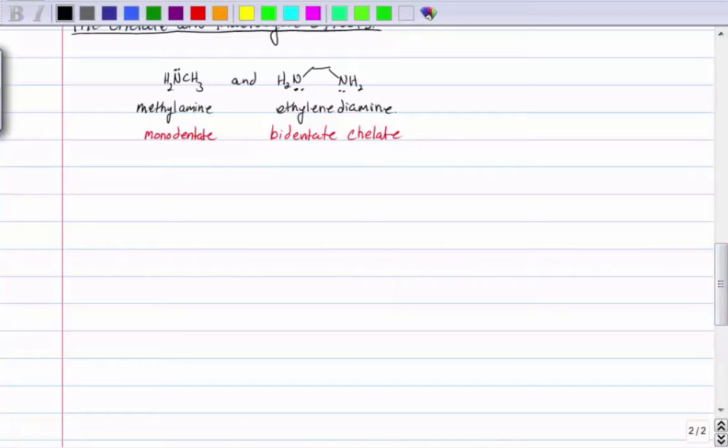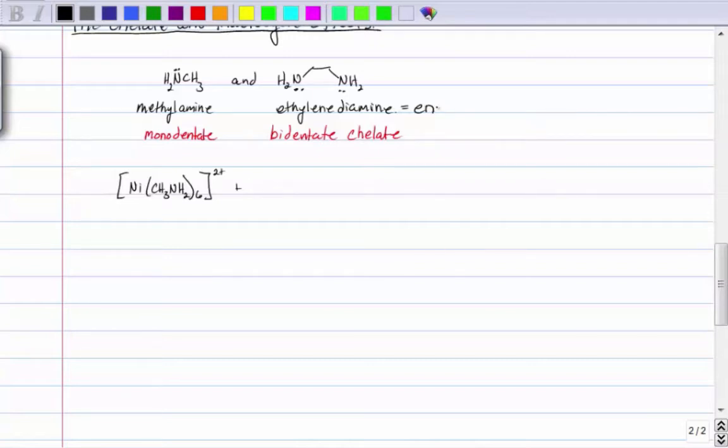Now, let's look at a reaction where you take nickel bound to methylamine. So we'll have 6 of those. This is a nickel 2 plus complex. And I'm going to add, so this ethylene diamine is also represented as EN.